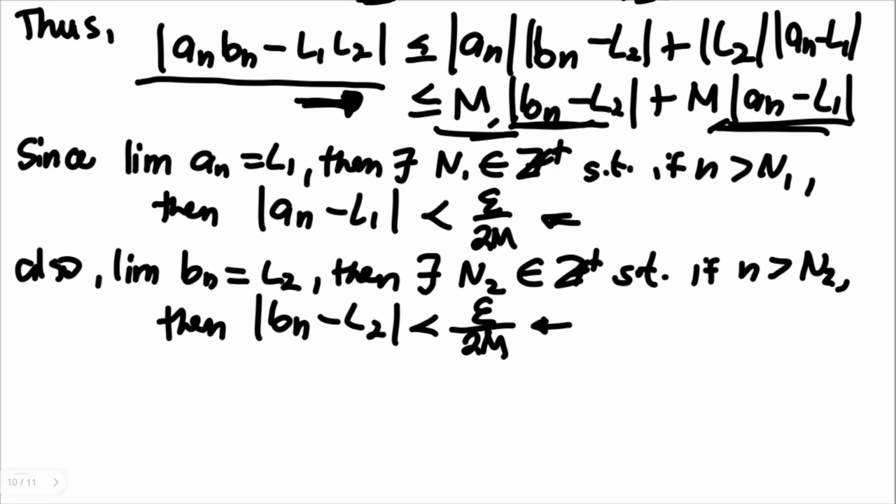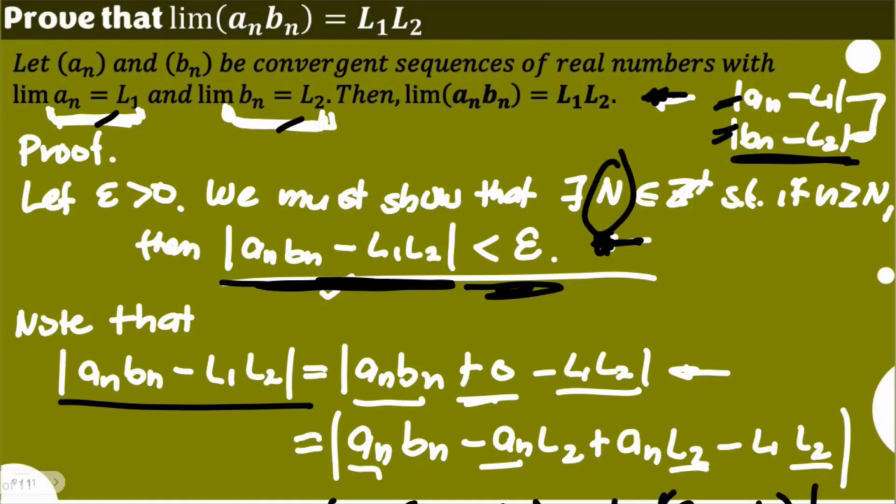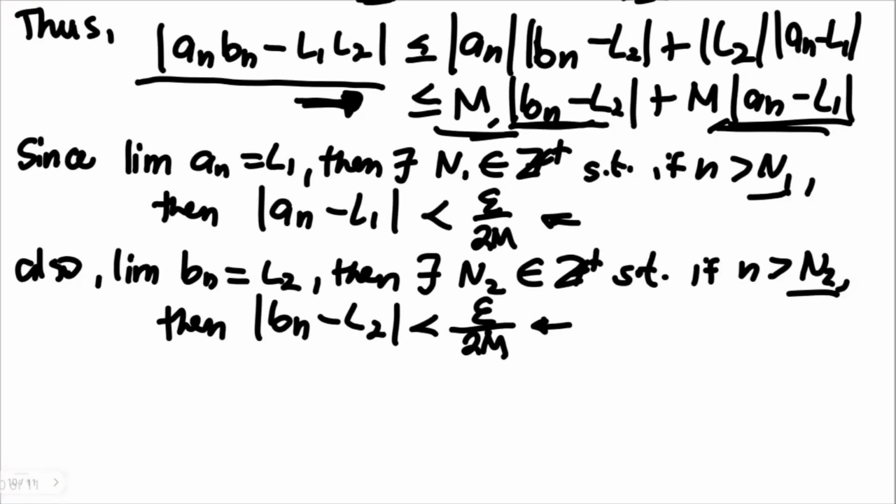So once we have n sub 1 and n sub 2, let's make them into one because we only need one n. So let's take n to be the maximum of n sub 1 and n sub 2.